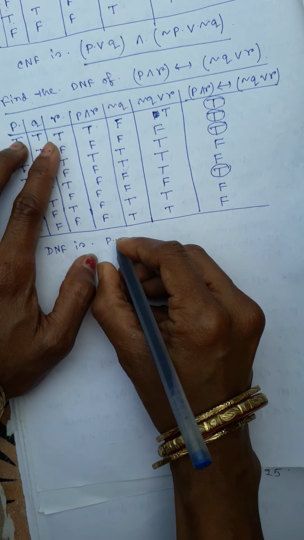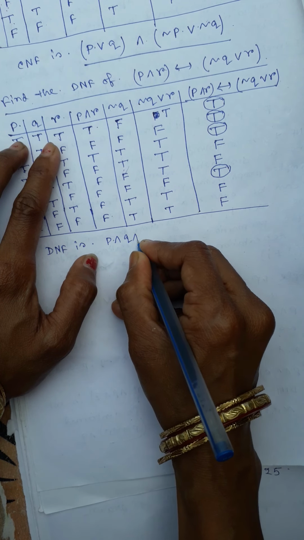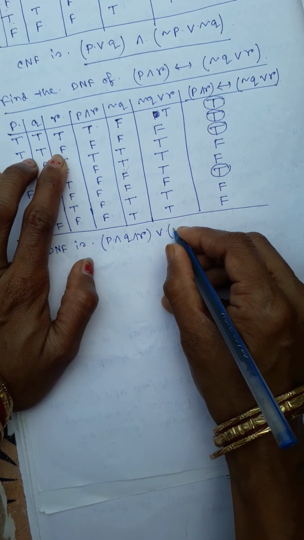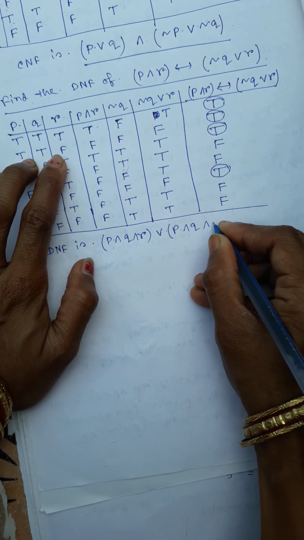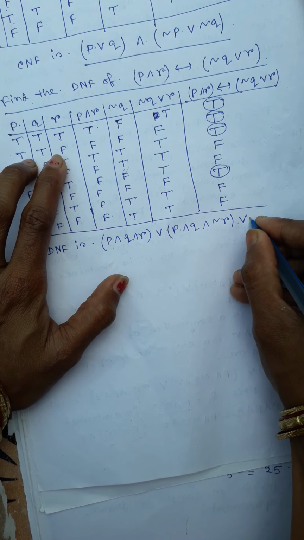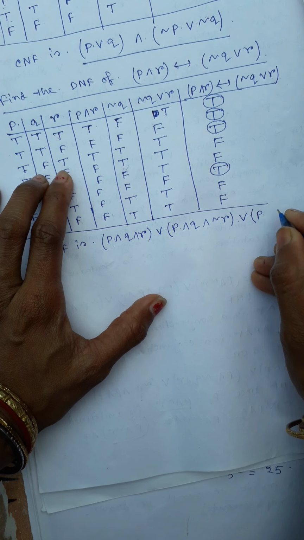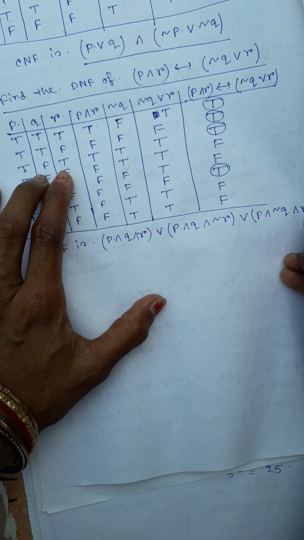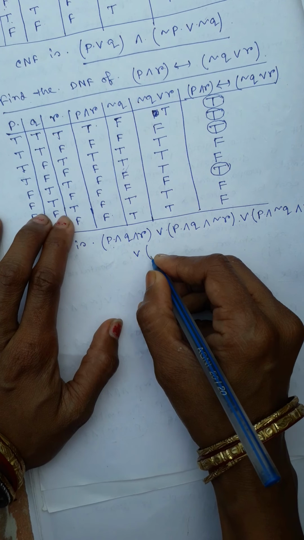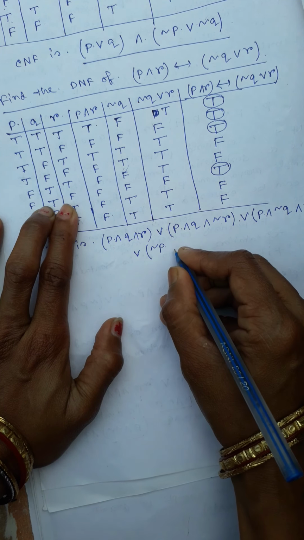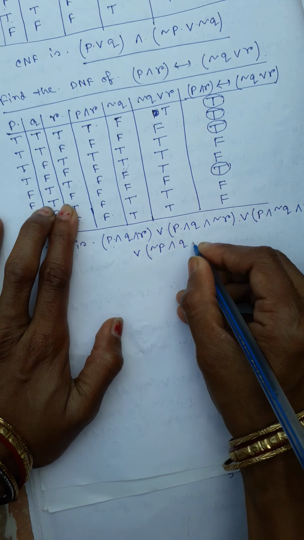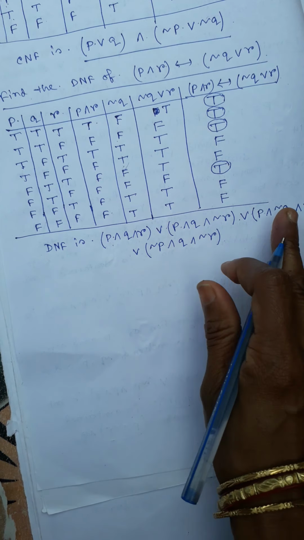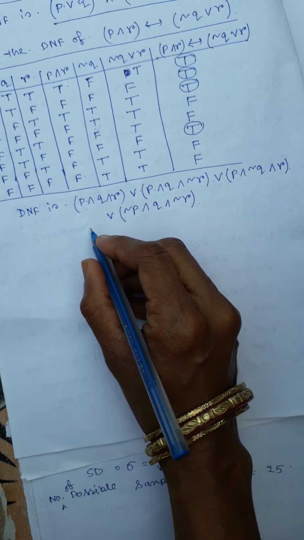So we write P conjunction Q conjunction R, disjunction of P conjunction Q conjunction negation of R, disjunction of P conjunction negation of Q conjunction R, and lastly negation of P conjunction Q conjunction negation of R. Okay, so this is our DNF.